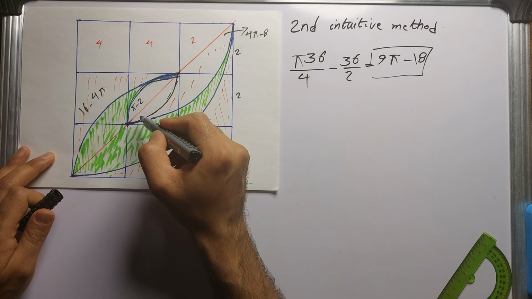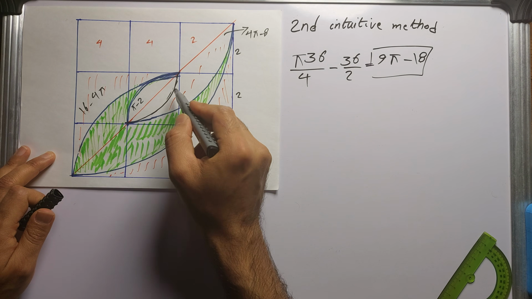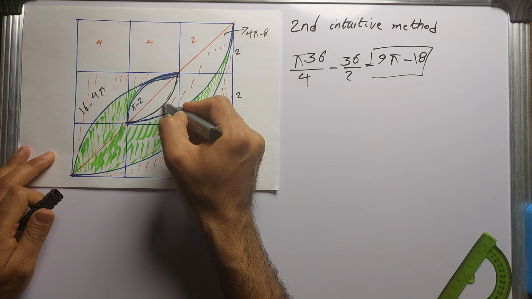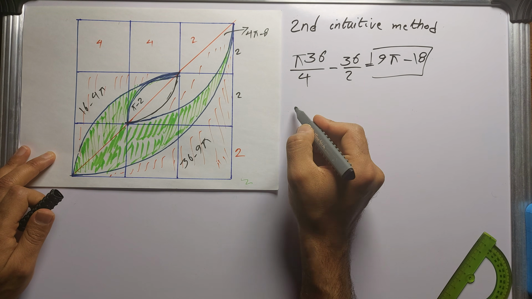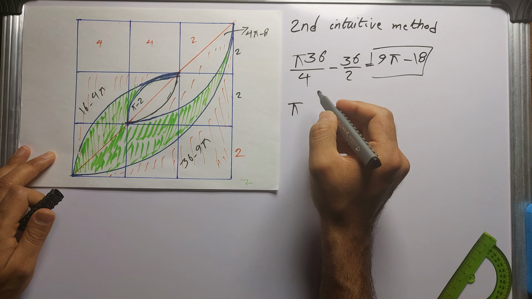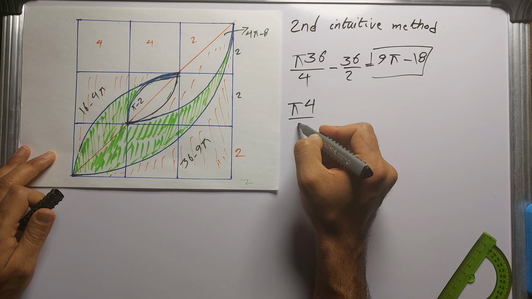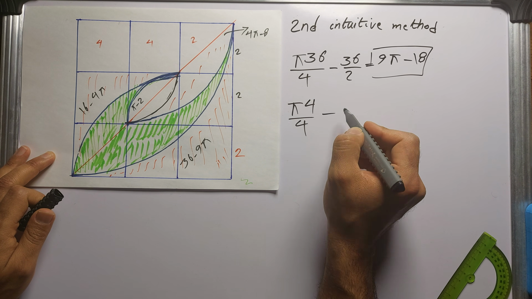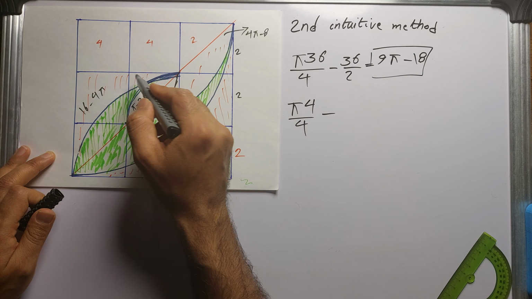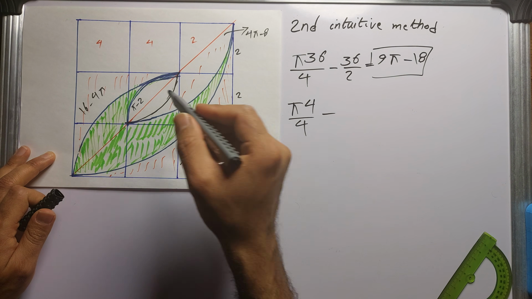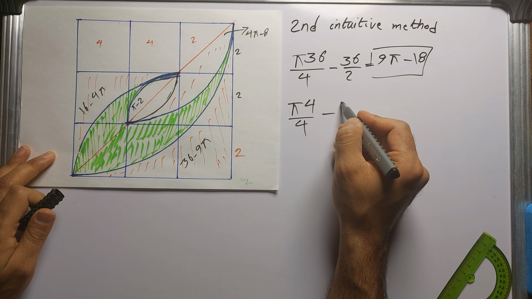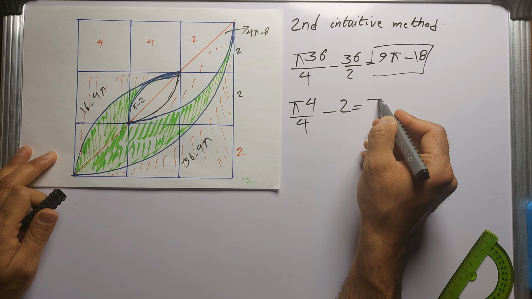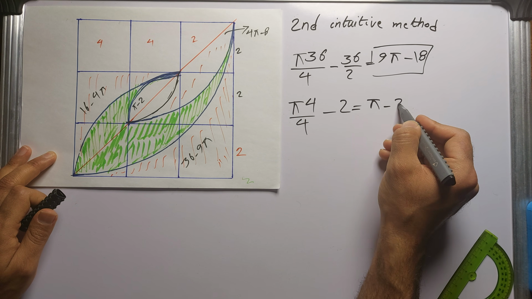The segment here is the area of this quarter circle, which is pi r squared. R is 2, squared 4, over 4. So this is just pi, minus the area of this right angle isosceles triangle, 2 times 2, 4 divided by 2, 2. So it's going to be pi minus 2.